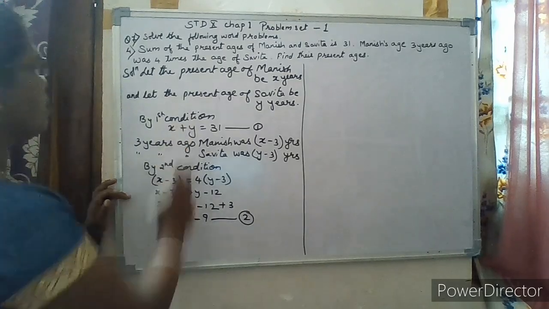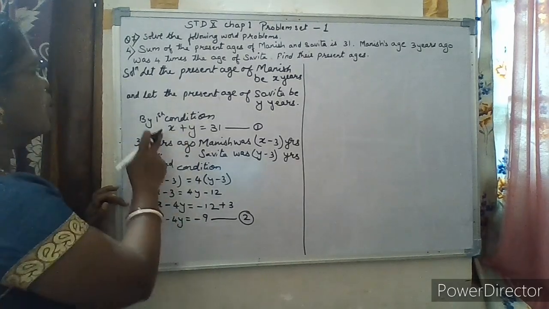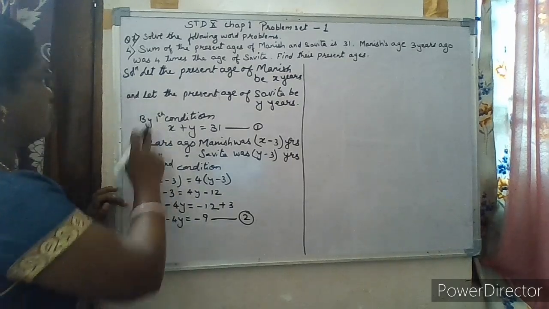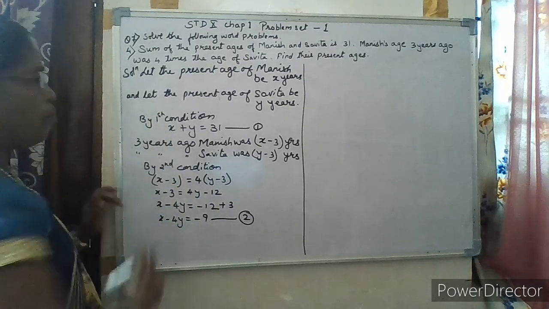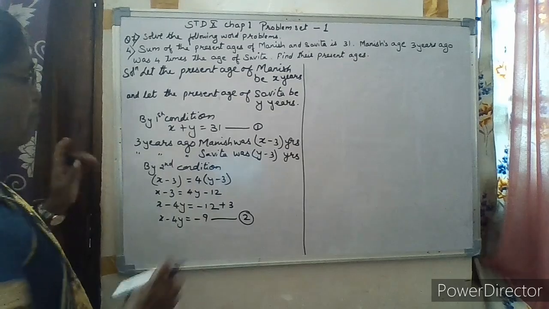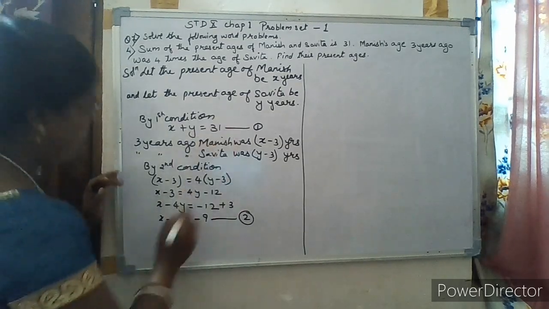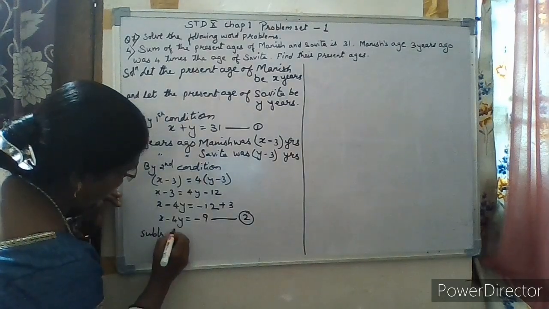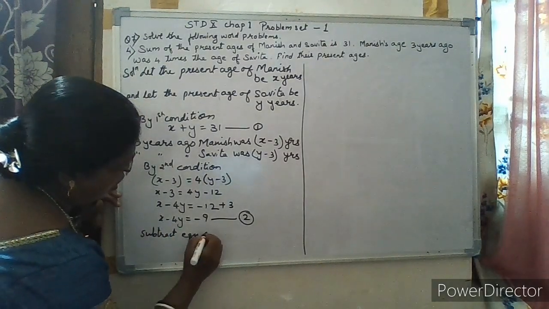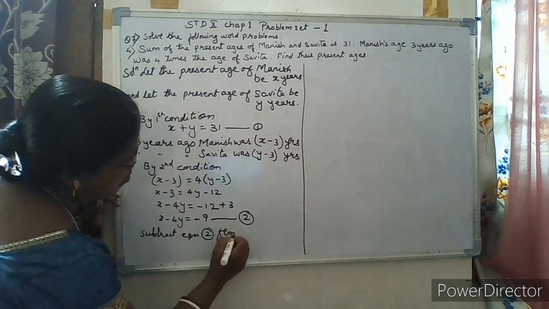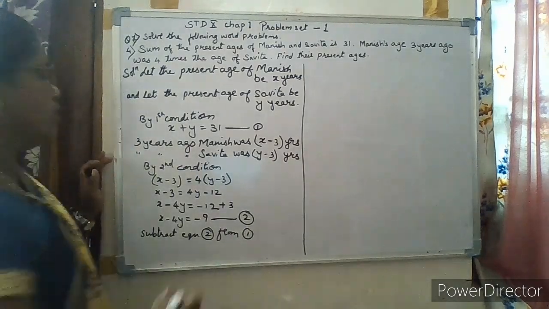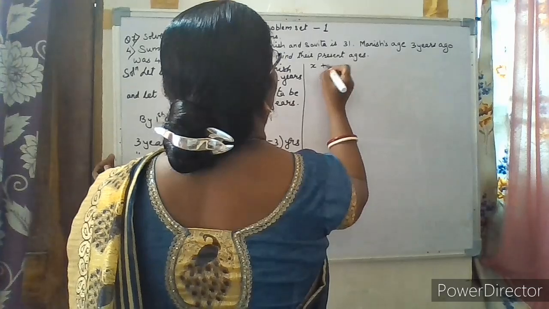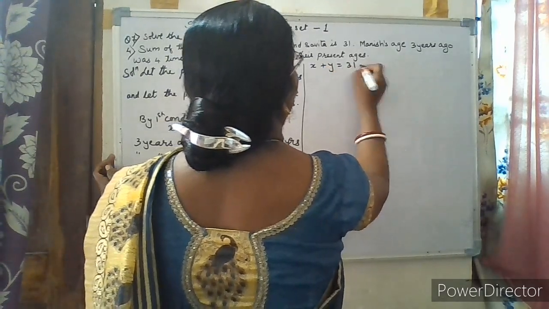Now observe equations 1 and 2. Here the coefficient of x is 1 in both, and both are positive terms. So we will subtract equation 2 from equation 1. Write equation 1 first: x plus y equal to 31.